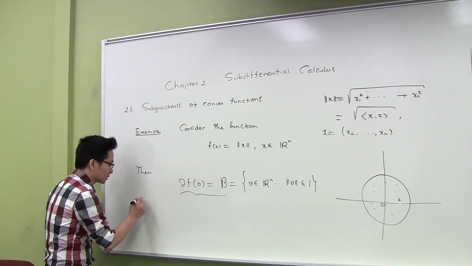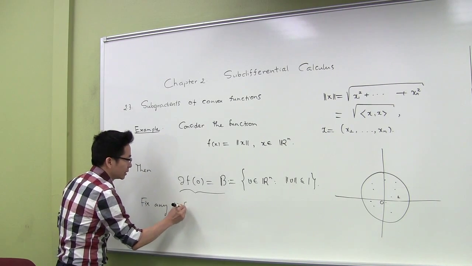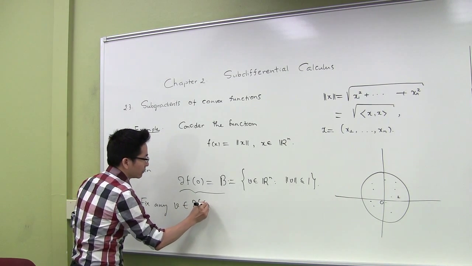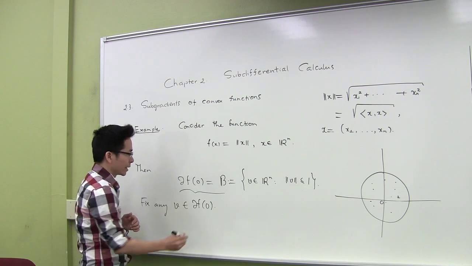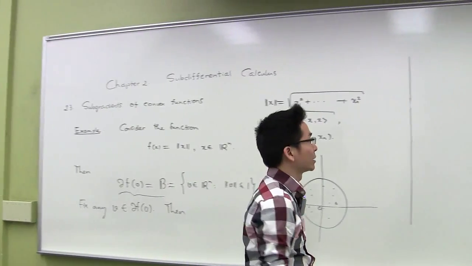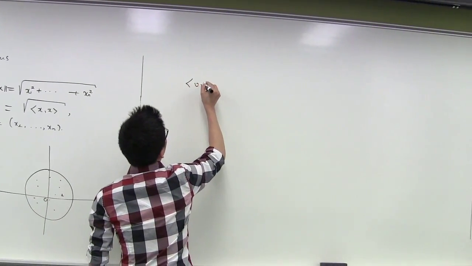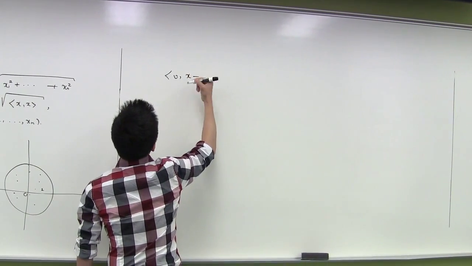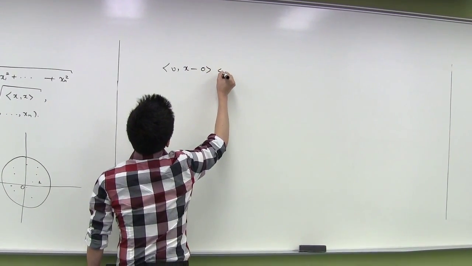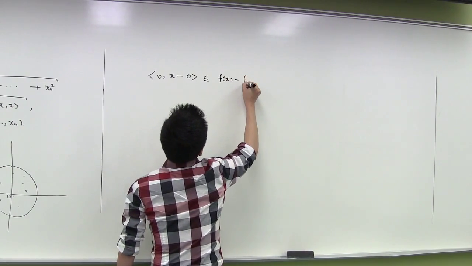So I'm going to fix any v in the subdifferential of f at 0. Then by the definition of subdifferential, the inner product of v and x minus x bar, in this situation x bar is 0, is less than or equal to f of x minus f of 0.